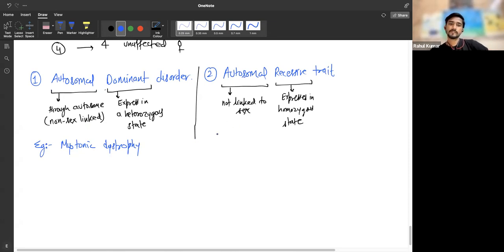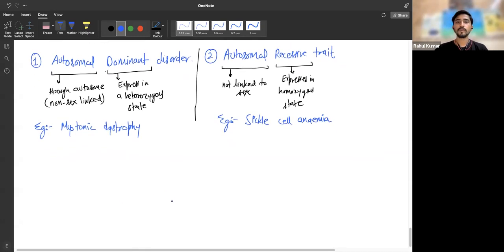And autosomal recessive is what we studied above, sickle cell anemia. Now, I am going to give you a pedigree. You have to analyze it, this will be the exercise that we'll do. You have to tell me whether it is an autosomal dominant disorder or an autosomal recessive disorder, whether it belongs to myotonic dystrophy or to sickle cell anemia.